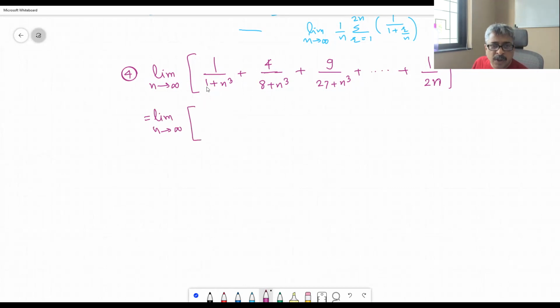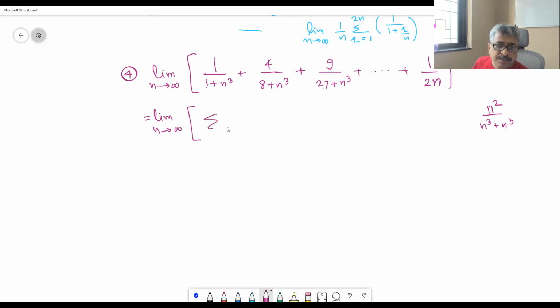If I, this is 1 cube, 2 cube, 3 cube. So last term will be n cube plus n cube. Sorry, numerator is n square, 2 square, 3 square. So n square upon 2n cube, therefore 2n.